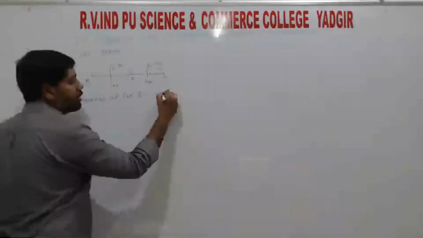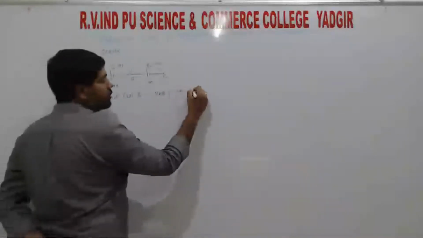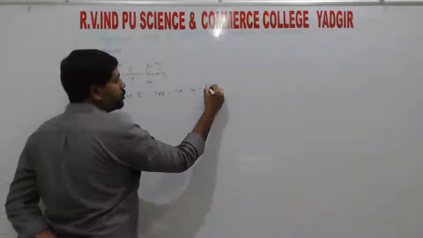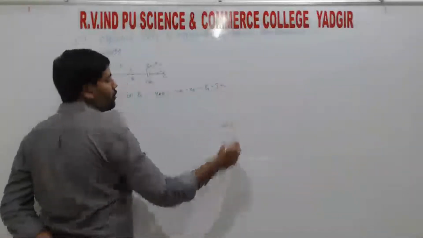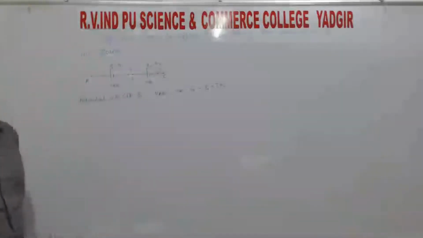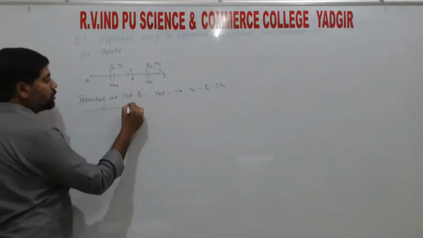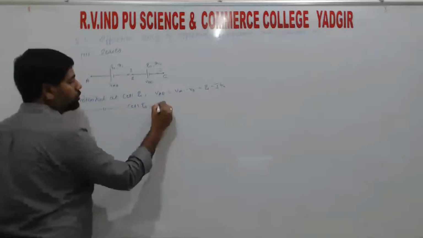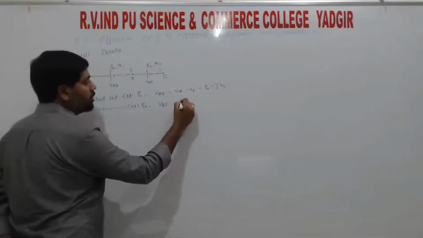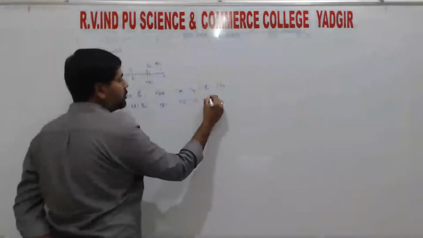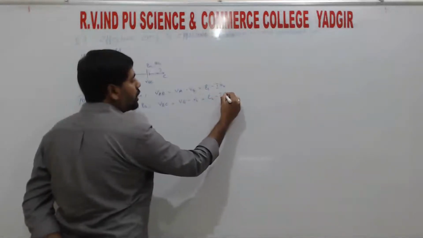So VAB, that is equals to VA minus VB, that is equals to E1 minus I R1. So the current being same, we can write E1 minus I R1, right? So potential across the cell E2, that is VBC, that is equals to VB minus VC, that is equals to E2 minus I R2.